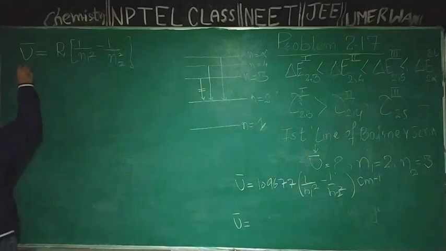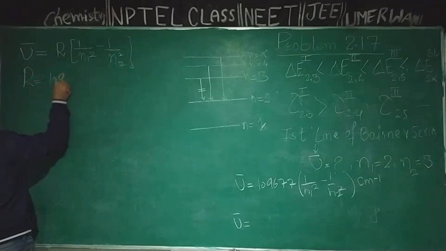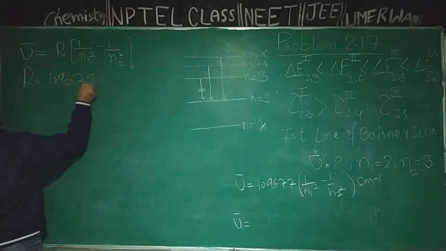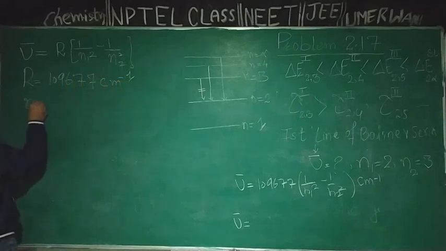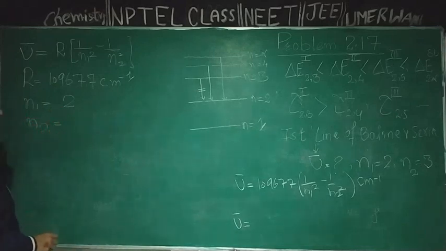R here is the Rydberg constant and its value is 109,677 centimeter inverse. For the first line of the Balmer series, N1 is 2 and N2 is 3.